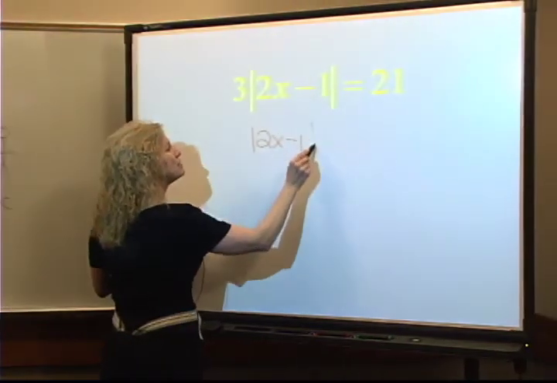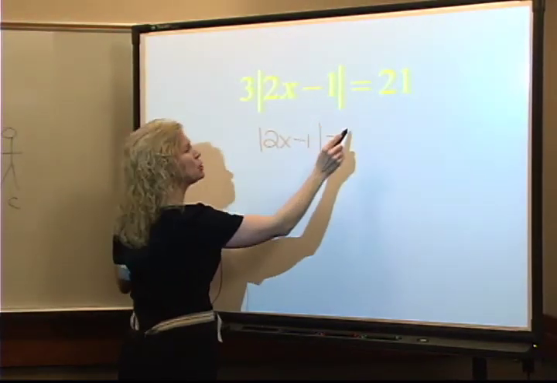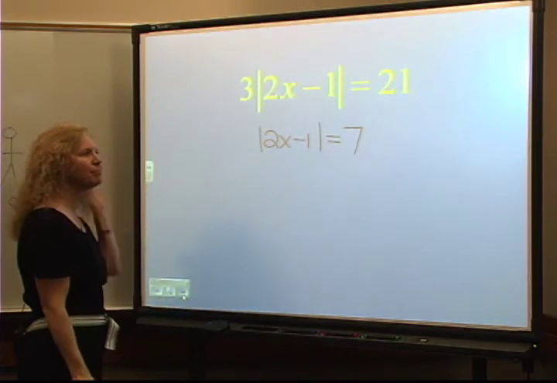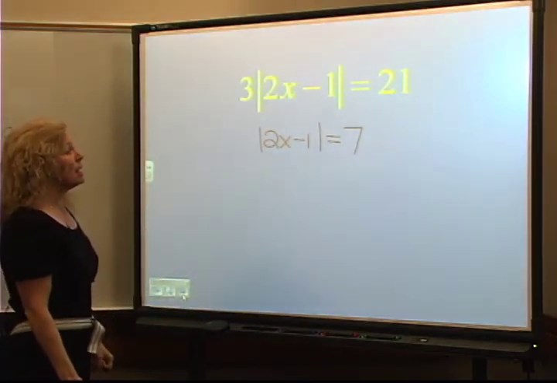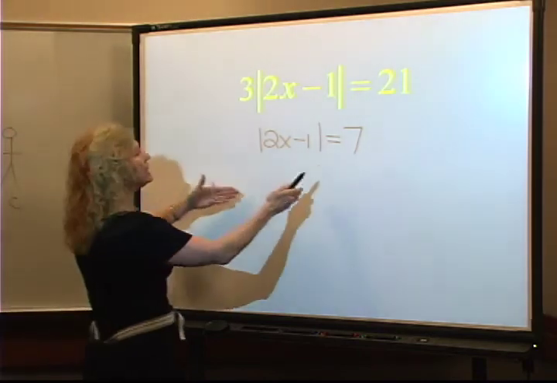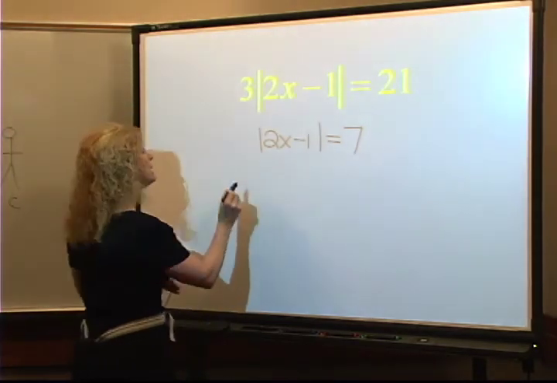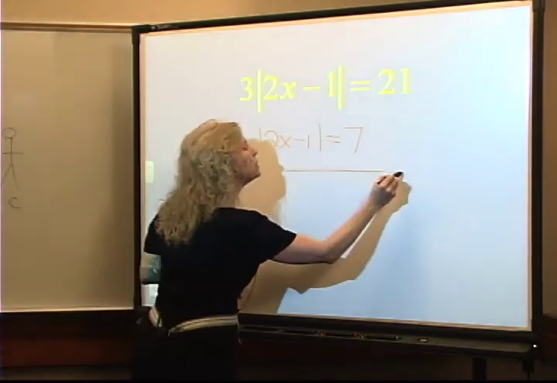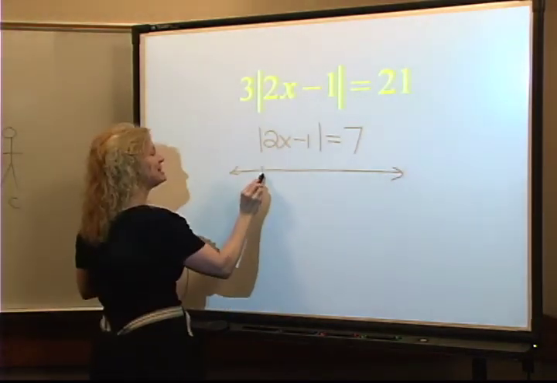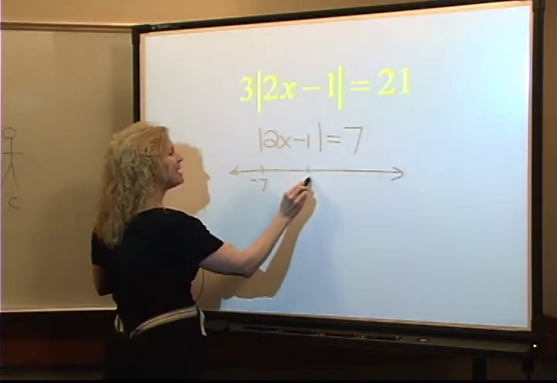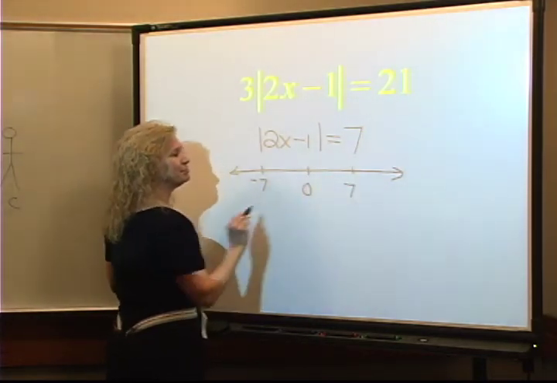Absolute value of 2x minus 1 is equal to, notice we do not have an inequality here, is equal to 7. Now I have only an absolute value over here, and if you like, you are not required to, but you can make your own number lines. I could say, okay, here's negative 7 and 7.